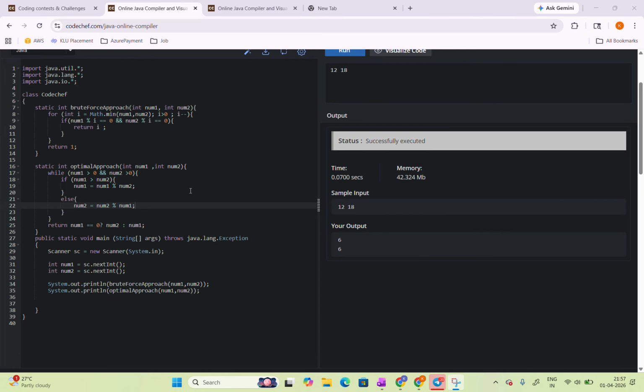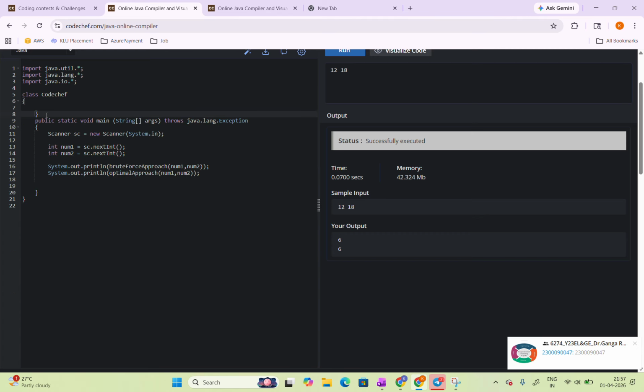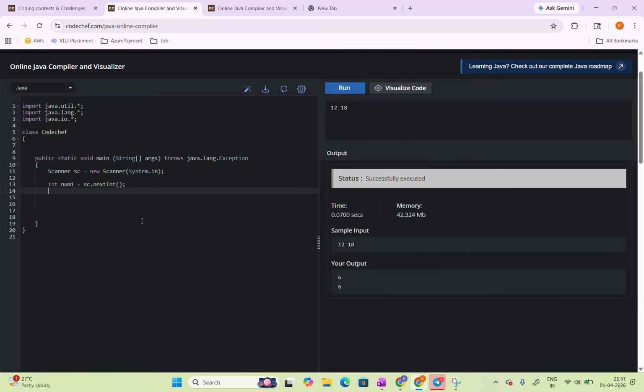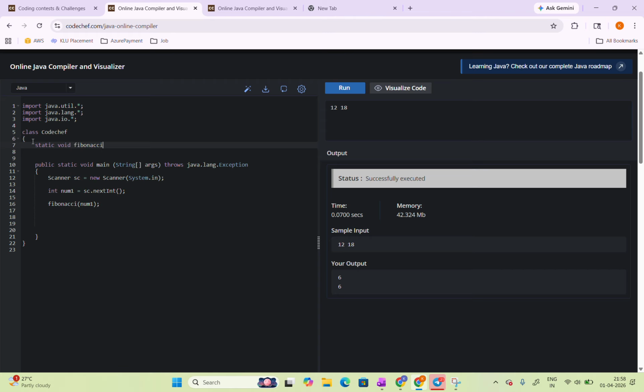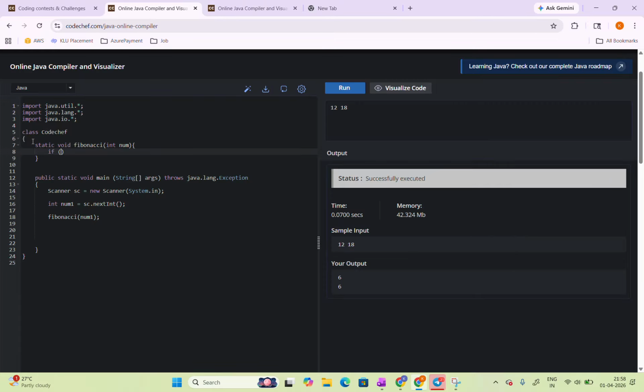So I'm going to write the code. I'm just taking the previous code, Fibonacci of number. I'm writing simple base conditions.